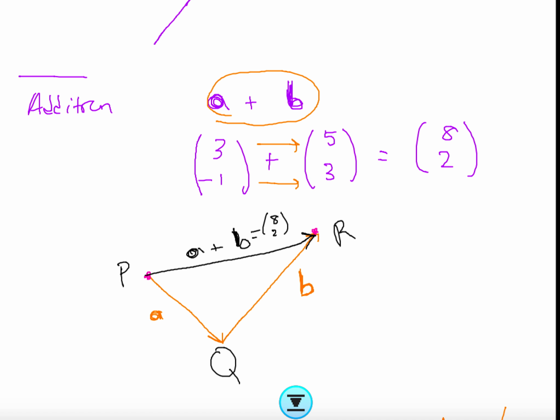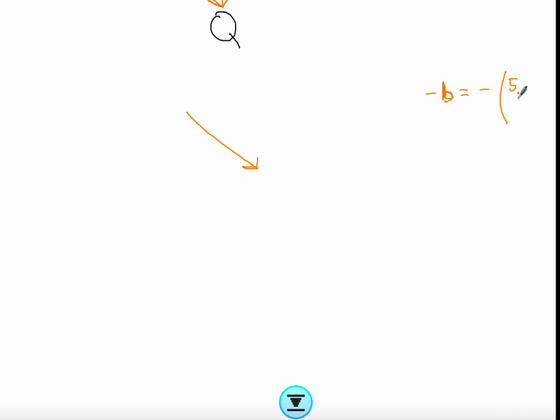So negative 5, 3 would mean I am moving to the left by 5 and down by 3. And then I will have moved from here to here. So this is A, but minus B.